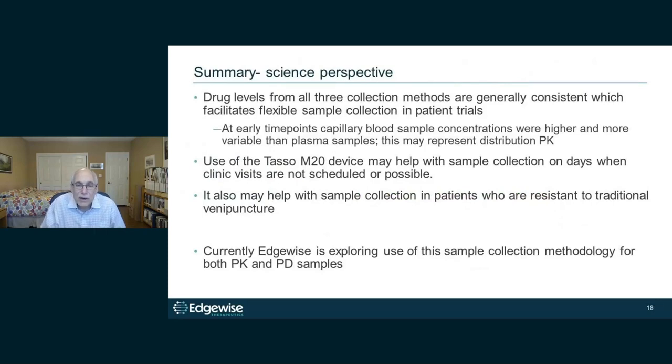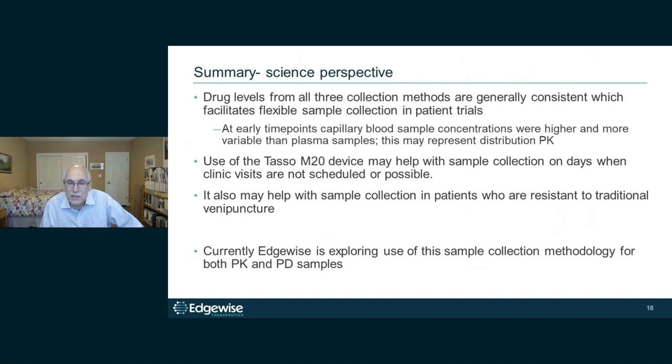So a high-level summary from a science perspective is the drug levels from all 3 of these collection methods are generally consistent, and that'll facilitate sample collection in our patient trials. The early time point differences between capillary and plasma sampling, traditional vacutainer, were really due to the distribution kinetics.